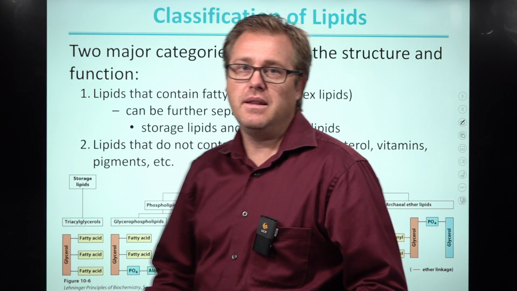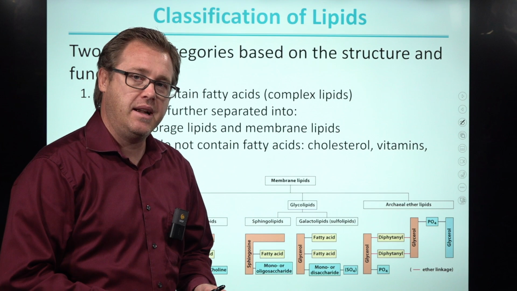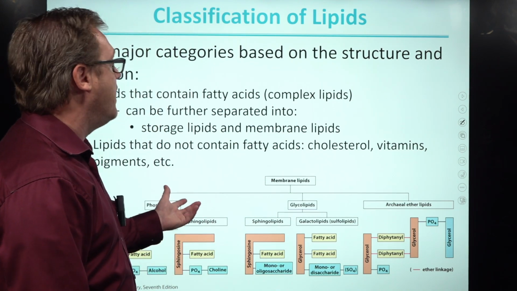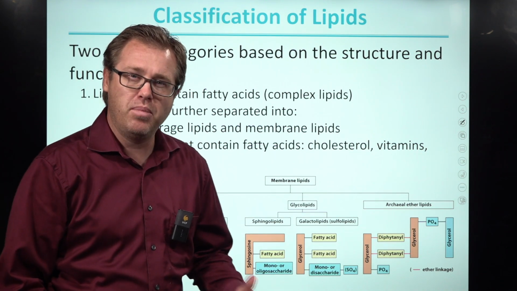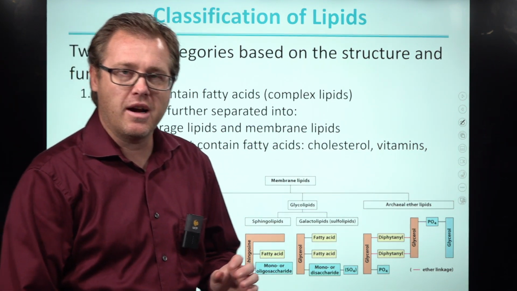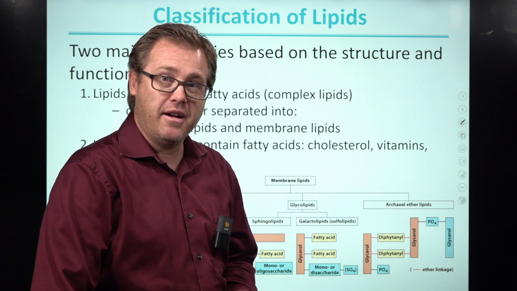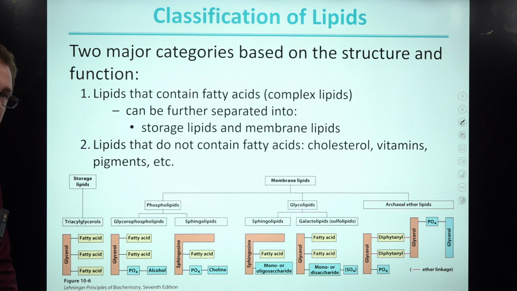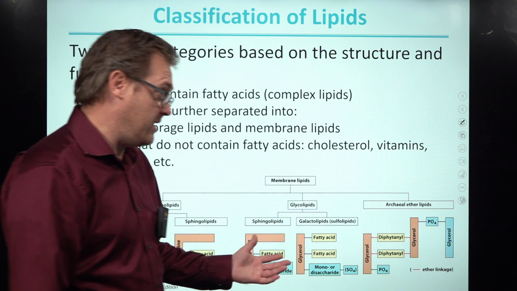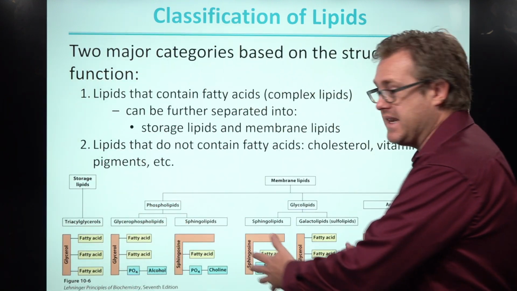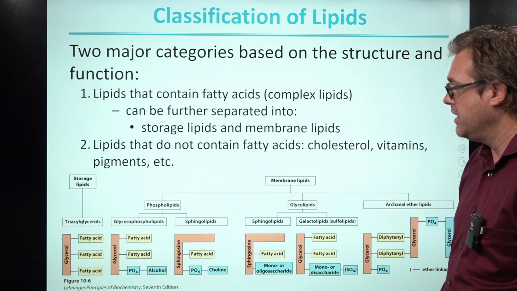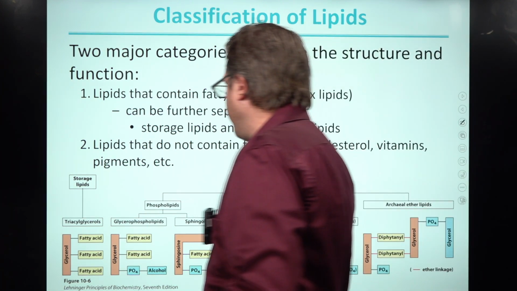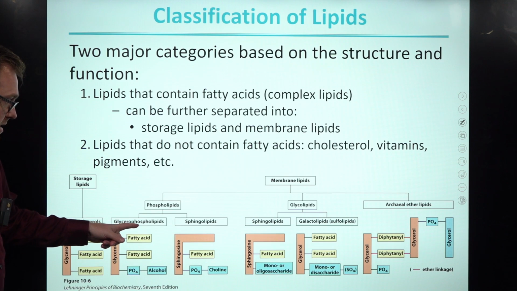Okay, now let's get into the nitty-gritty details of the structures of lipids and how they're composed. And so we want to talk about the similarities and the differences. When you look at this slide right here, I'm going to expect you to understand this slide in detail. Okay? So for example, we have the glycerol phospholipids.